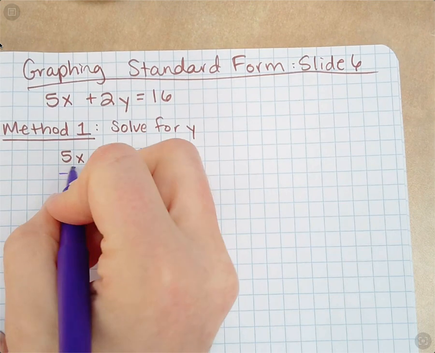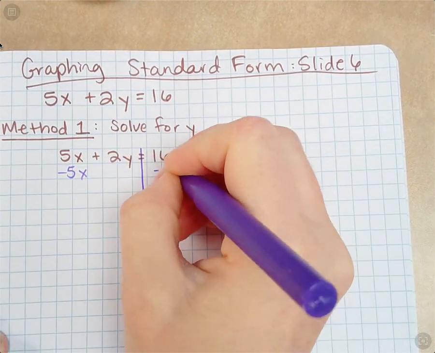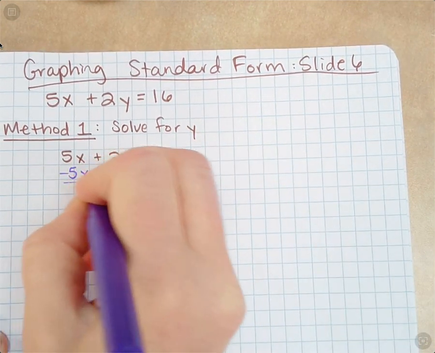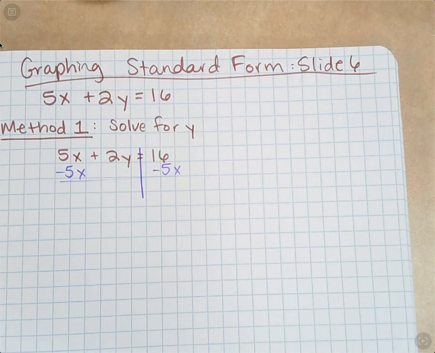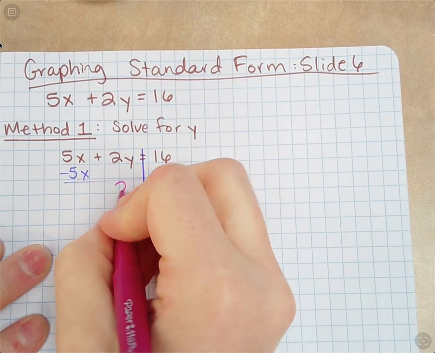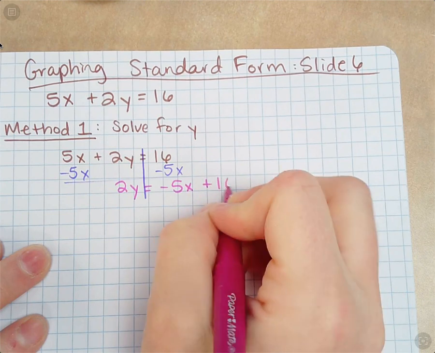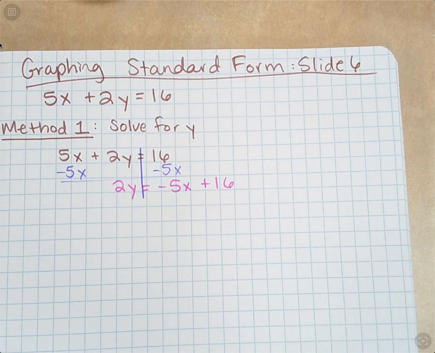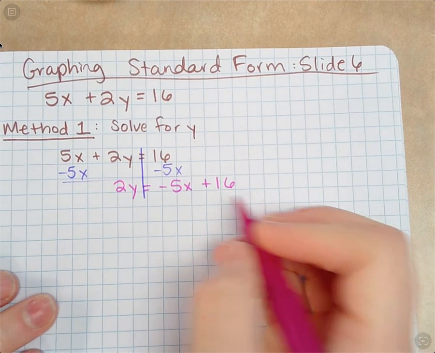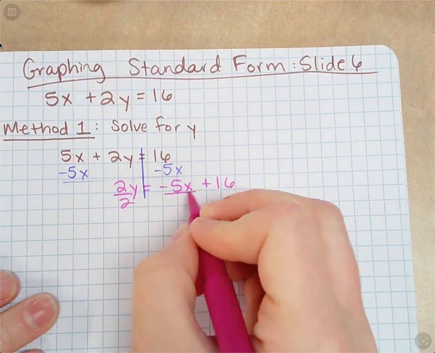We would minus 5x from both sides. Carry down the 2y, so 2y equals negative 5x plus 16. We want it to be mx plus b, so that's why we would put the negative 5x first. And then we would divide by 2 all the way through.